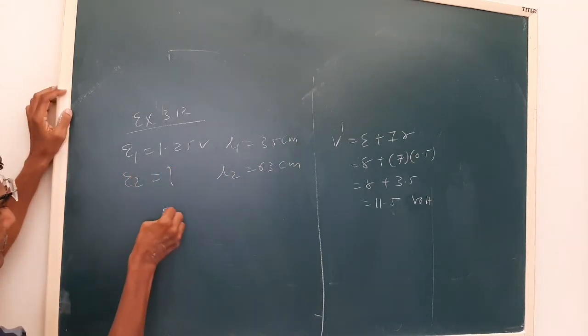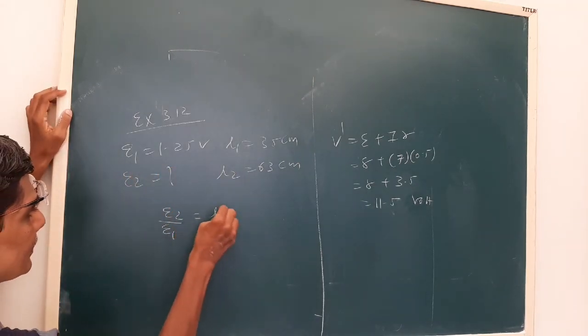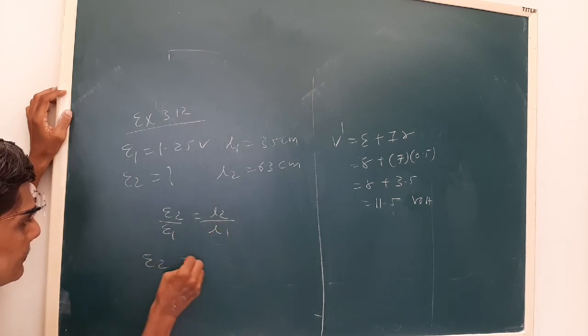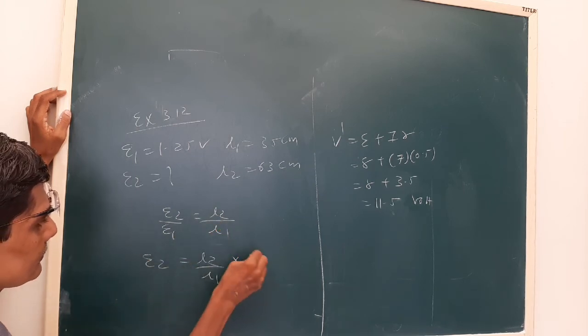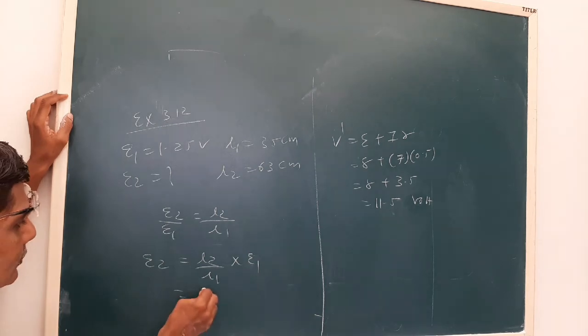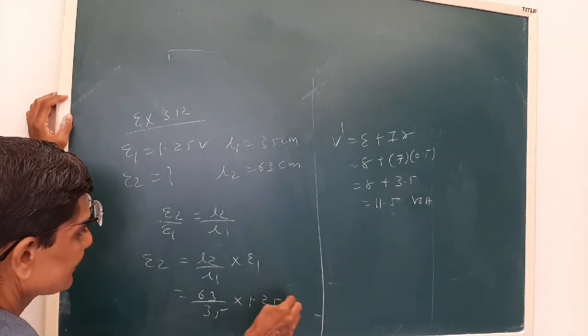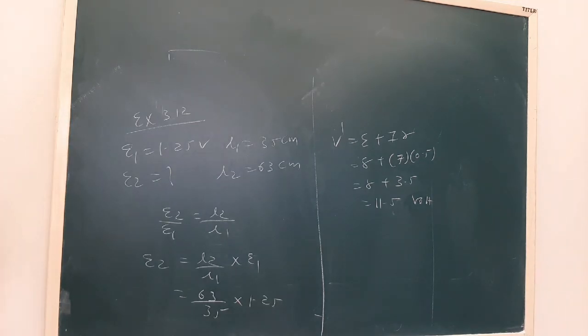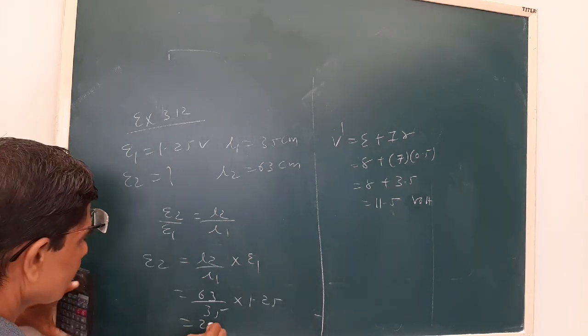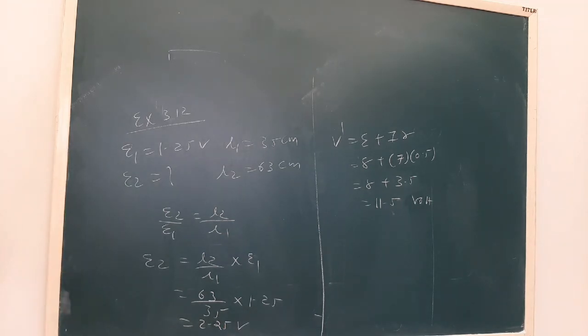We use the relation E2 upon E1 is L2 upon L1. Now substitute the values. If we solve, that is 2.7 volt. This is a case of comparison of two cells.